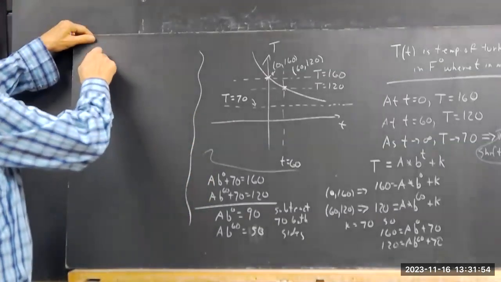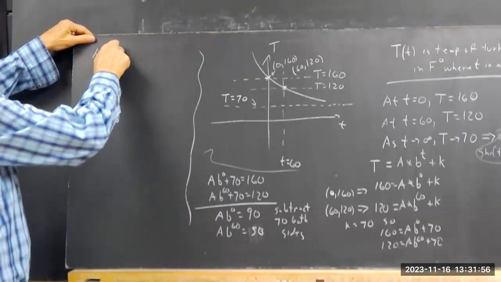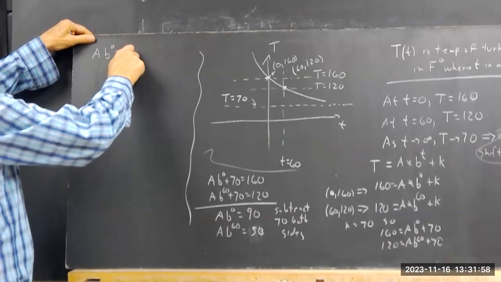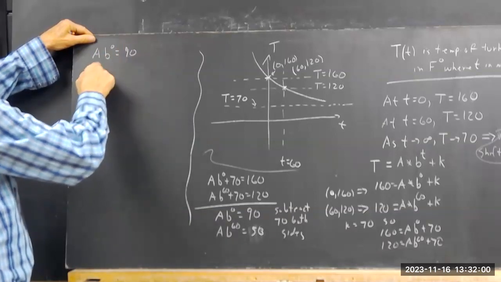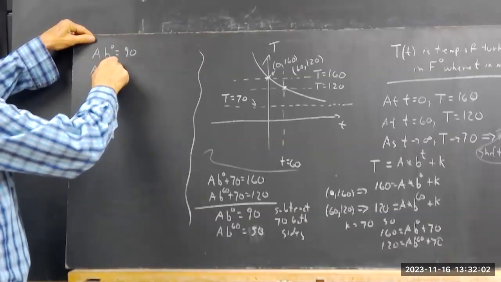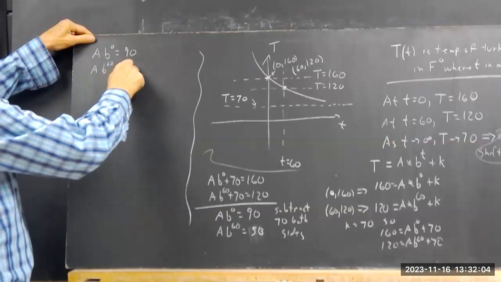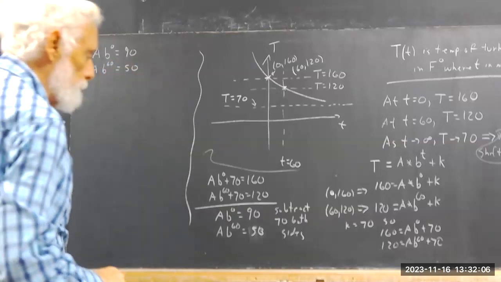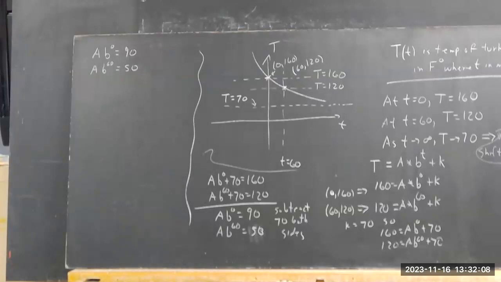So now we have the equations a b to the 0 equals 90 and a b to the 60 equals 50.